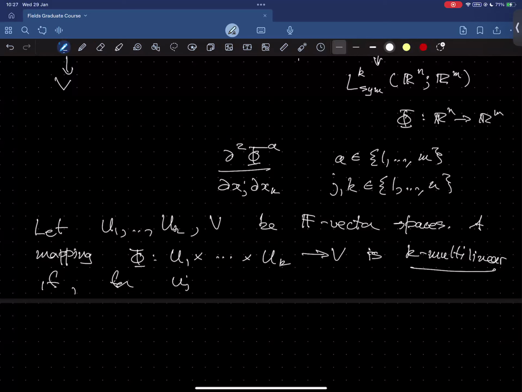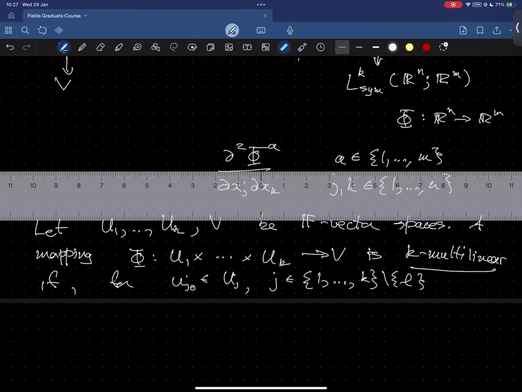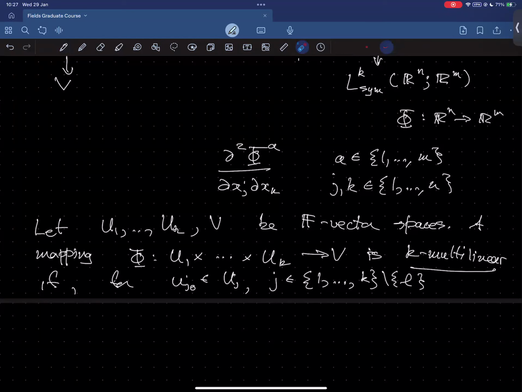So for uj, let's say uj0, and the 0 is to emphasize that it's fixed, in Uj, and j is going to be from 1 up to k, and I'm going to leave off, let's say, l. This means that I'm going to fix every argument of phi except the l-th one, and these uj0 are the things that are frozen.